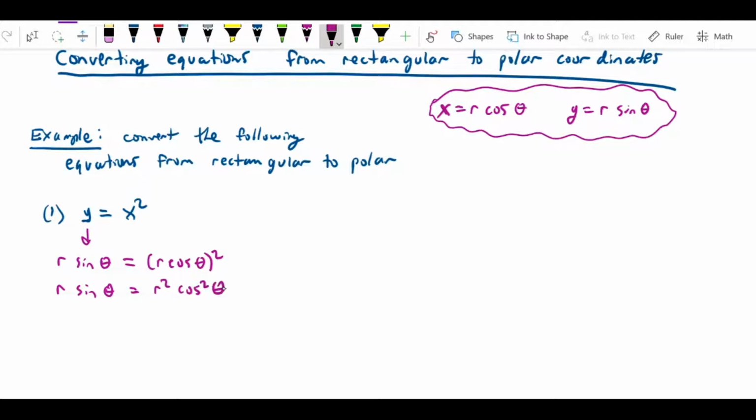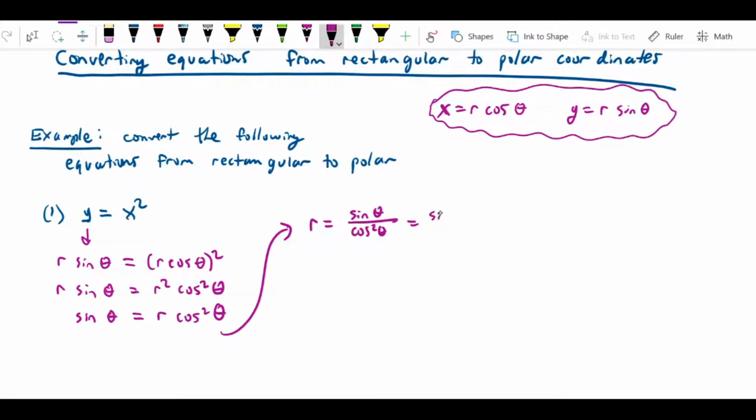Since I'm going to want to solve for r in terms of theta in order to get a function, let me just divide through by r. So this is going to give me sine theta equals r cosine squared theta. This gives me r equals sine theta over cosine squared theta.